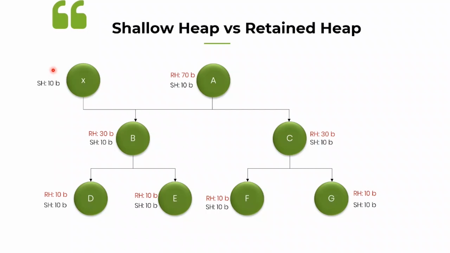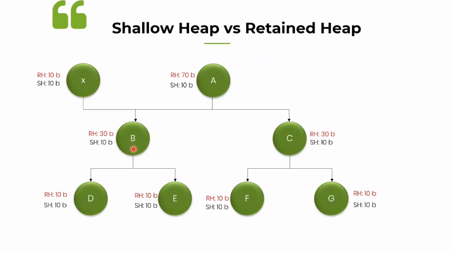You guys think about an answer, but the right answer in this case is 10 bytes only. Here is the reason. It may be surprising to some friends. The reason why this is only 10 bytes is because, assume X gets removed from memory, X gets garbage collected, then can B be removed from memory?